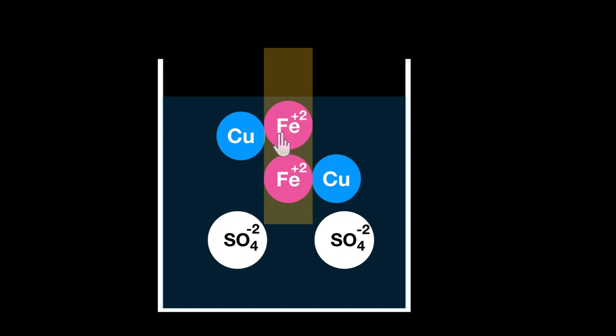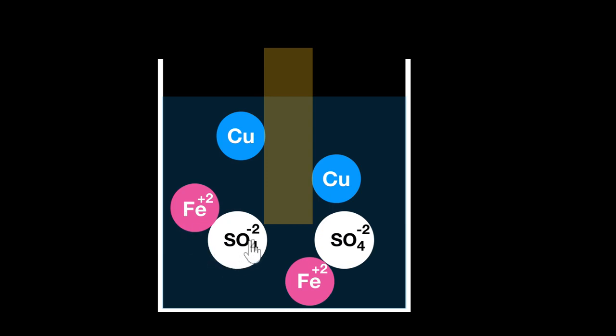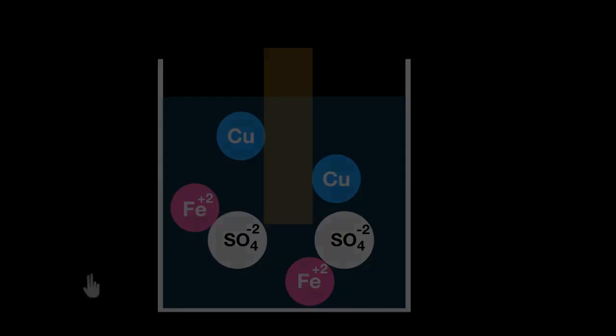This positively charged ion is going to be attracted by the negatively charged sulfate ion, and that's how we get iron sulfate. As time passes, more and more copper atoms will be deposited on this iron rod, and more iron atoms will come into the solution and make iron sulfate. That is how iron replaces copper from copper sulfate solution.